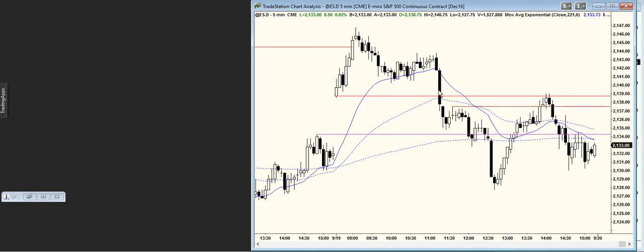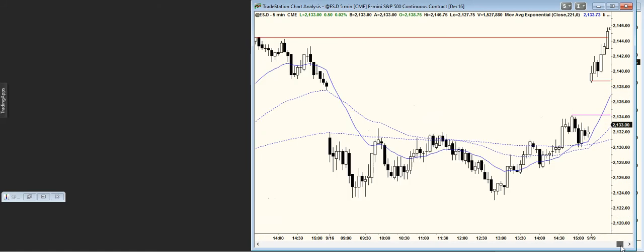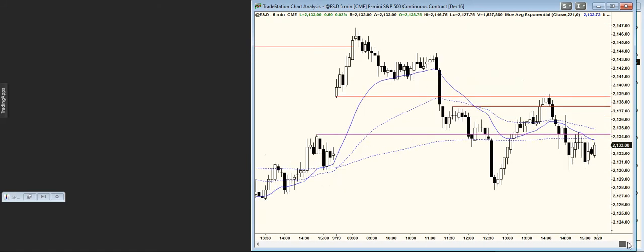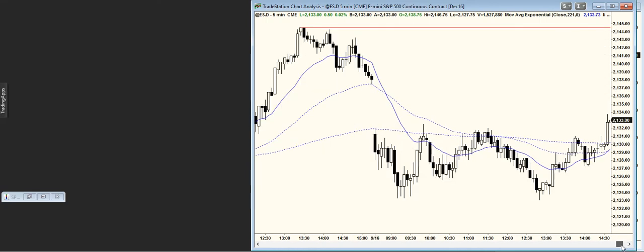Now let's categorize what the characteristics of a broad channel are. Broad channels have very disappointing pullbacks. Let's find one first. I can move my mouse here. There we go.